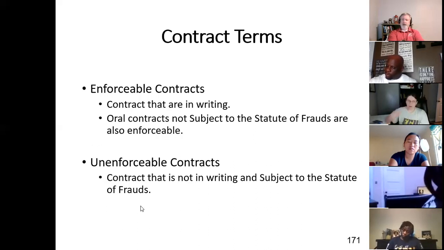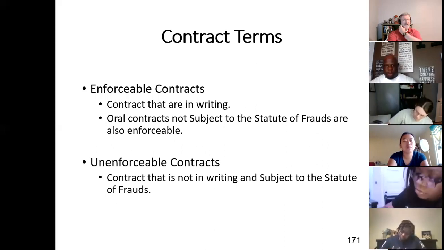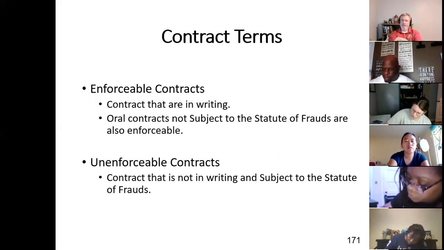The next terms we look at are enforceable and unenforceable. And then right below it, I think you'll see the terms valid and invalid. All of these terms kind of go together. Here's why. When we talk about an enforceable contract, we're talking about a contract that can be enforced in a court of law.